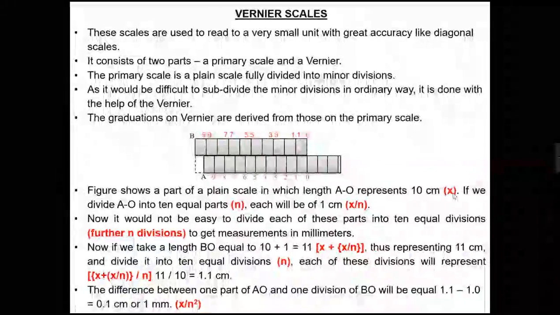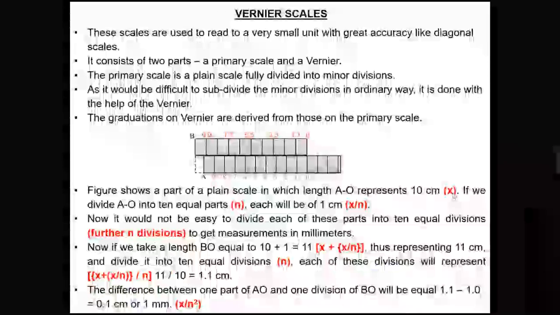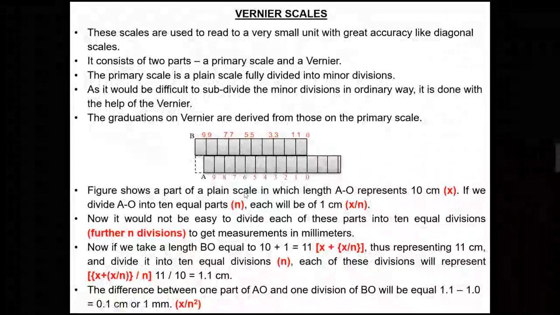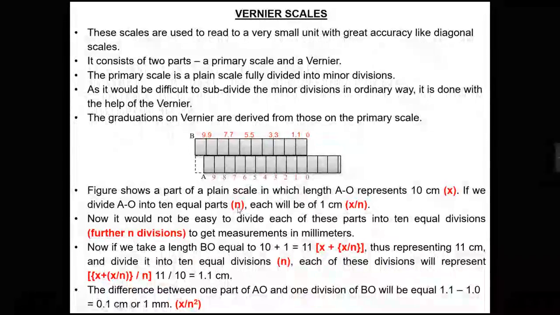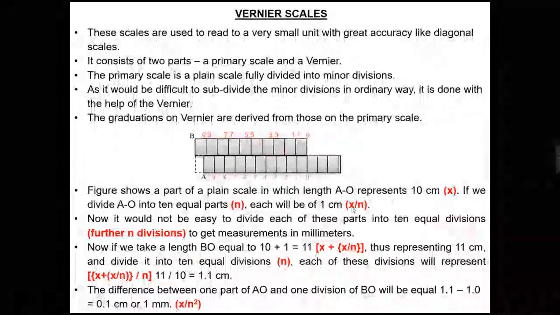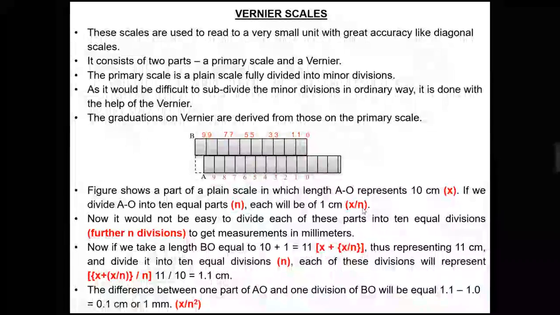If we divide line AO into 10 equal parts, that is, in general n equal parts, each will be 1 centimeter, meaning each will be x by n units in general.